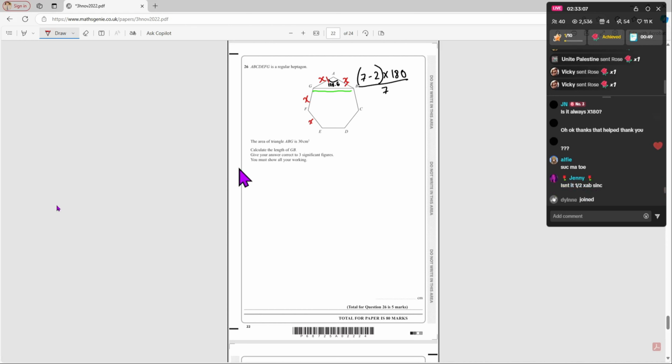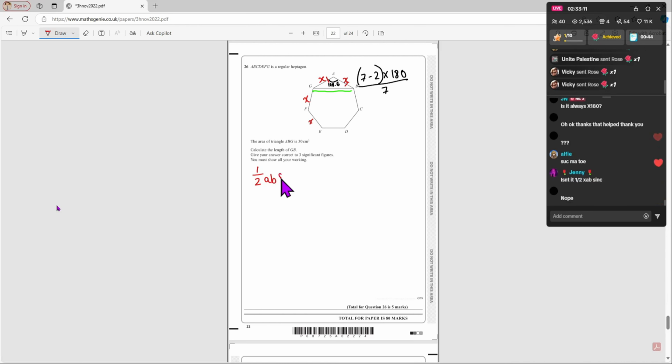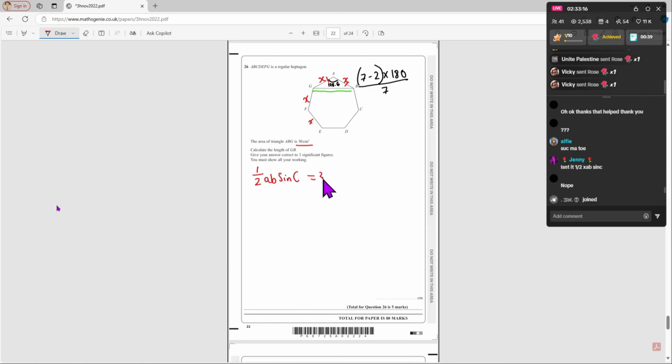Yes, it's going to be half ab sine C, which is equal to the area, which is 30 centimeters squared. That is the formula to find the area of a triangle if you do not know the base and the height. If you do not know the base and the height and you're trying to find the area, use this formula because you know the angle instead. Okay?